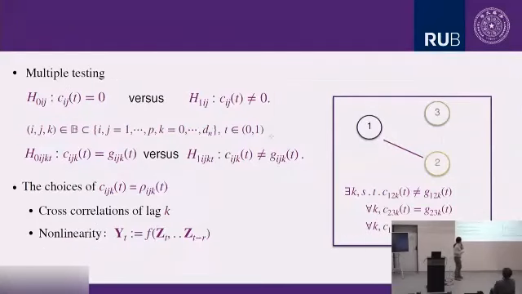So in the end, we formalize this problem as a multiple testing problem. On the first line, what we have is not just one hypothesis, but a series of hypotheses between different nodes. So we have this H0 ij, where C_ij(t) is the correlation function. We want to know whether it's zero or not zero.